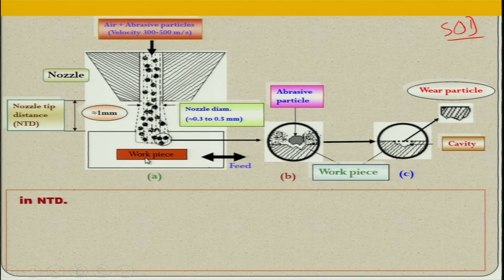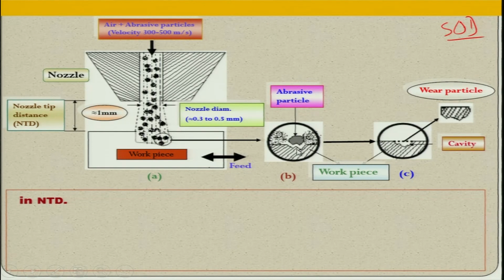Here is the workpiece, and this is the nozzle diameter, around 0.3 to 0.5 millimeter, that you can call 300 to 500 micrometer. Now, you can see the enlarged view of this particular area shown over here. Here an abrasive particle is hitting the workpiece surface, and the abrasive particle is much harder than the workpiece surface. So, it is creating this kind of cavity.